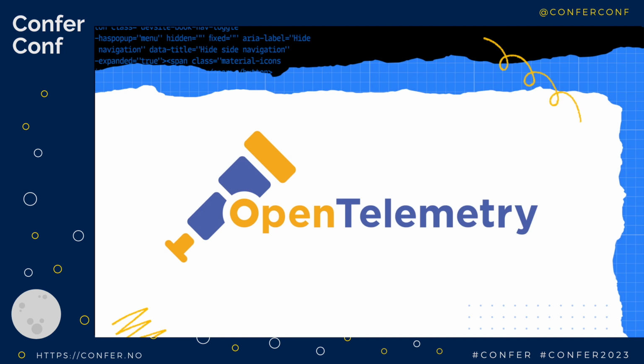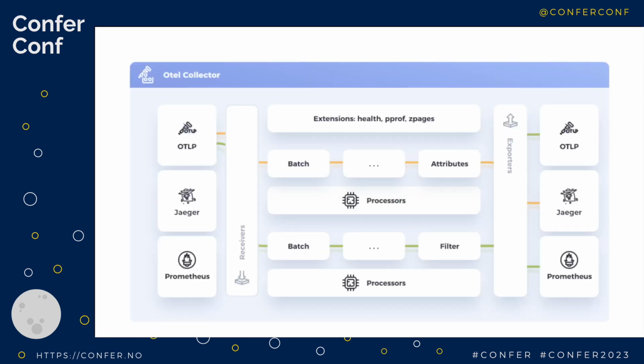Also, we have the Hotel collector, that is something that you can deploy in your system, and you can report traces, metrics, logs to that collector, right? You have different components that are called receivers, and you can report your telemetry data here in OTLP format or Jaeger or other.